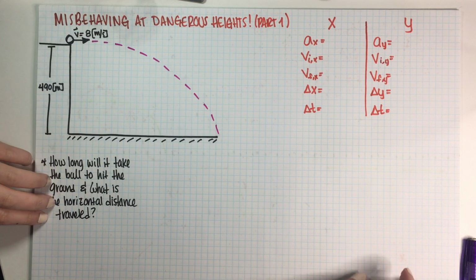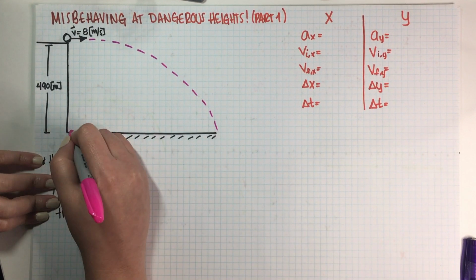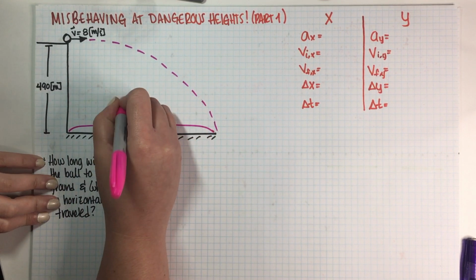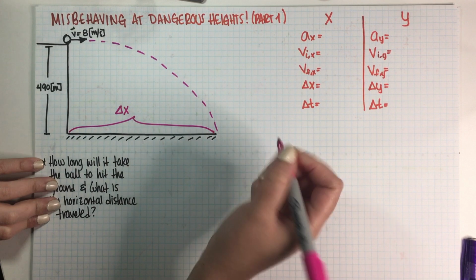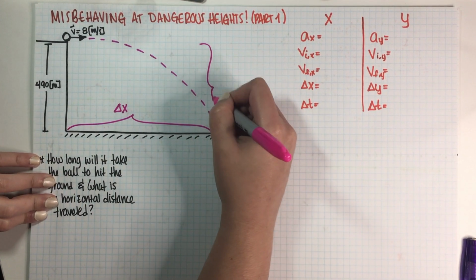Now, if we split this into travel distance in the x component, then we traveled a certain distance horizontally. And we also travel a certain distance vertically.